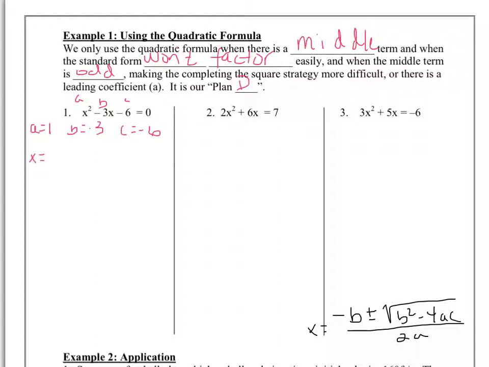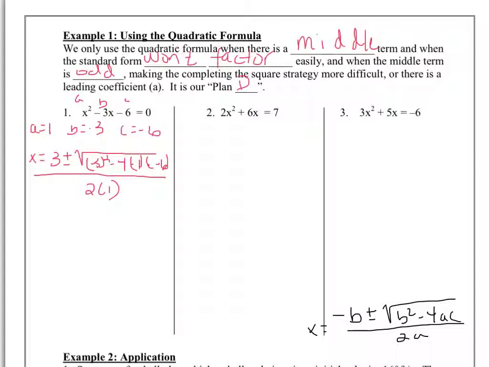So negative 3 is 3, plus or minus the square root of b squared, negative 3 squared, minus 4 times a times c. We can put these in parentheses to make it easier. Okay, over 2 times a. 2 times 1.